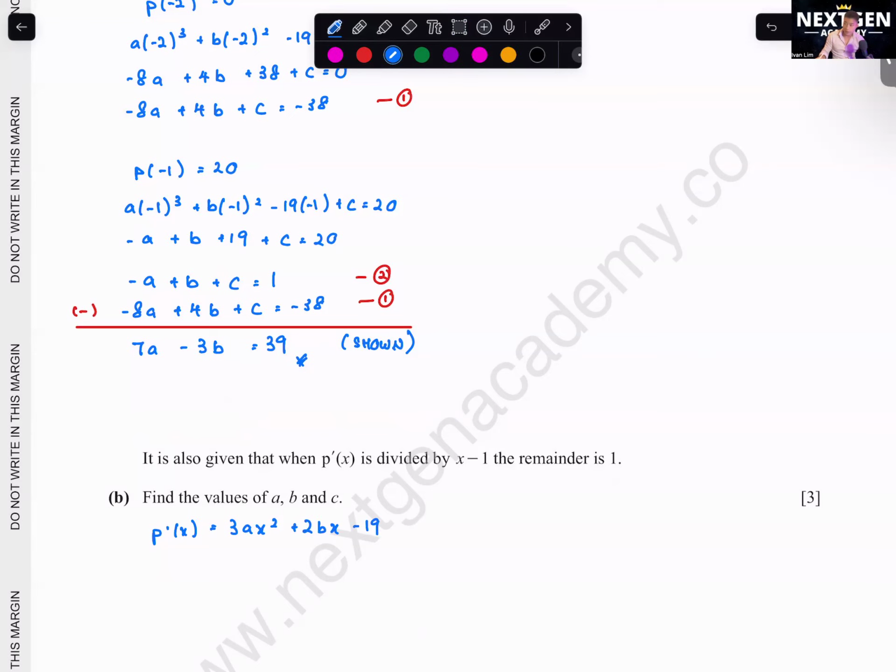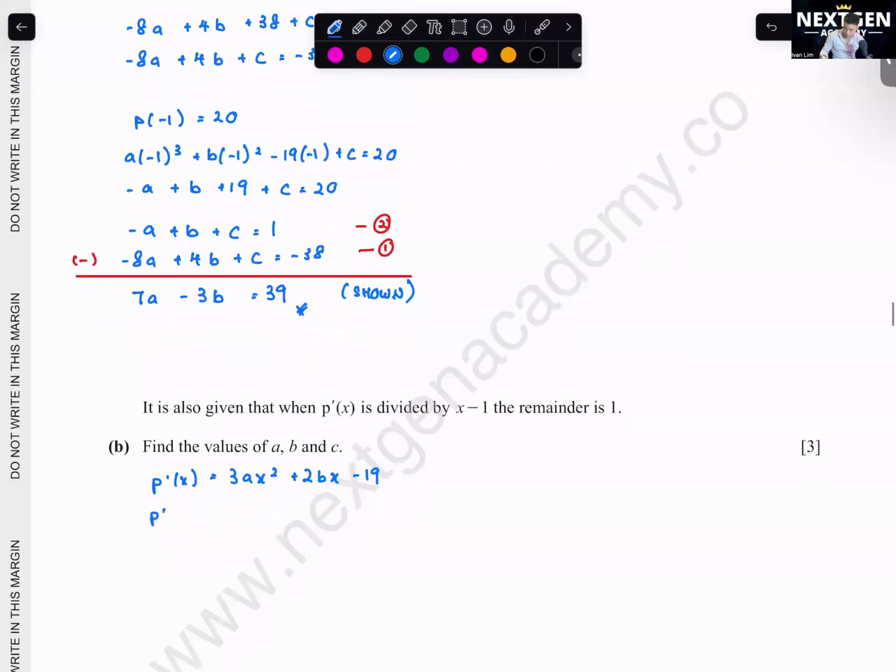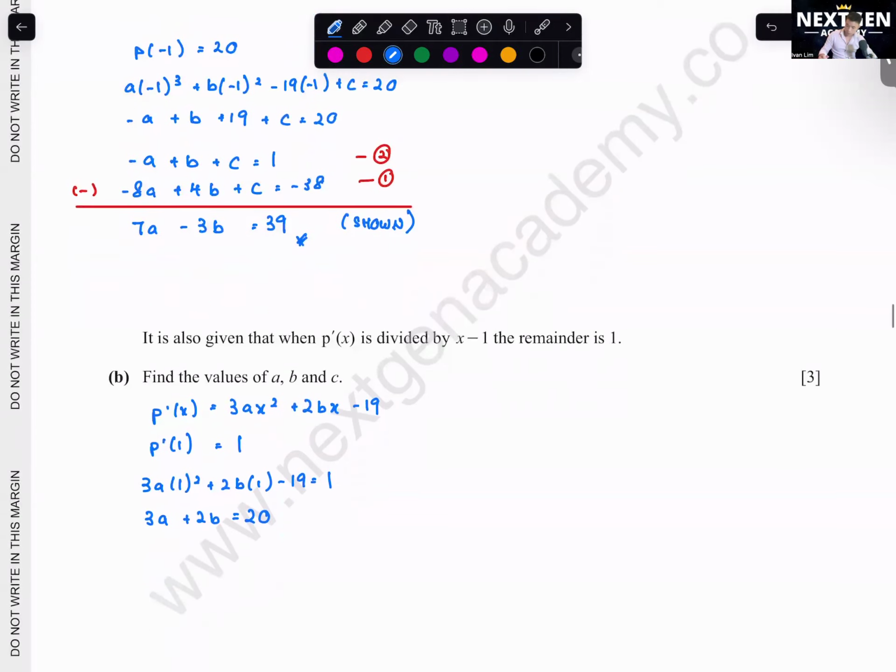Divided by x minus 1 means p'(1) equals 1. So 3a times 1 squared plus 2b times 1 minus 19 equals 1. 3a plus 2b, I'll bring the 19 to the right-hand side, so equals 20.